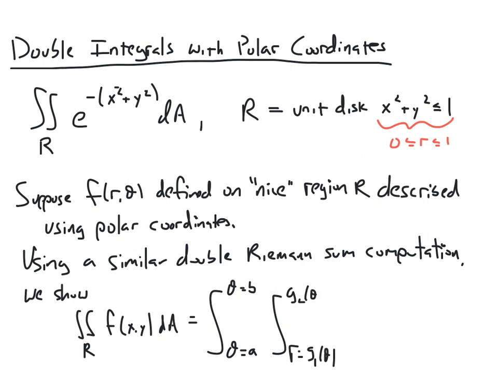So we're going to allow r's limits to be functions of theta, of the function f of r cosine theta, comma r sine theta, multiplied by r, dr d theta.